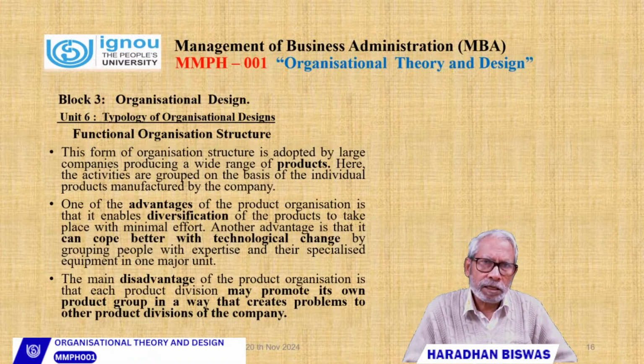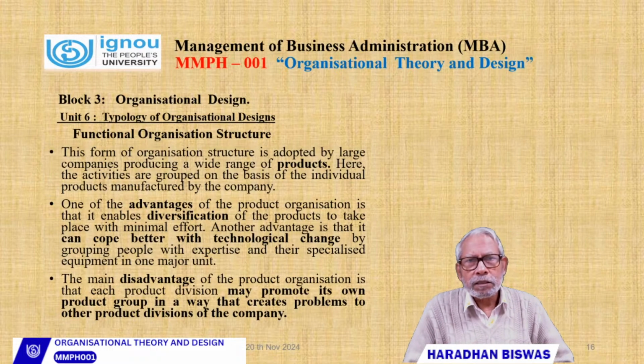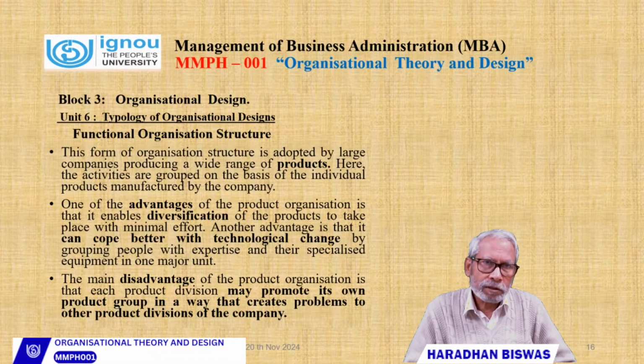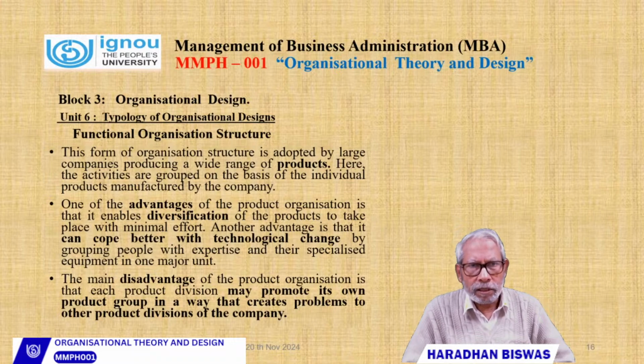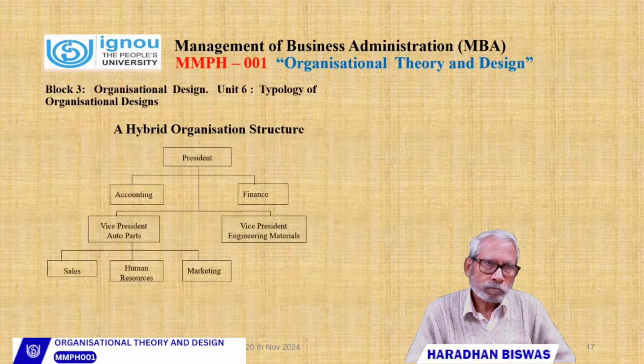Sometimes it will create problems for the objectives of the company, because the target is that a particular product division is to be given 1,000 productions this month. If a particular division is changing something, or creating a different product or group, it may affect the originality.